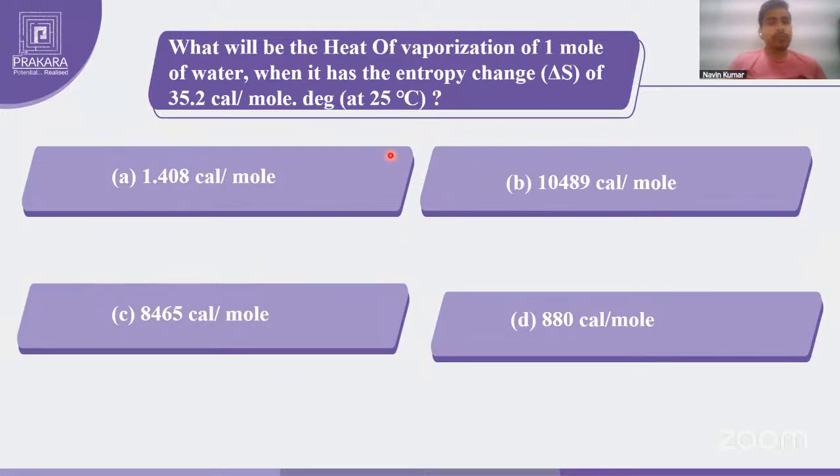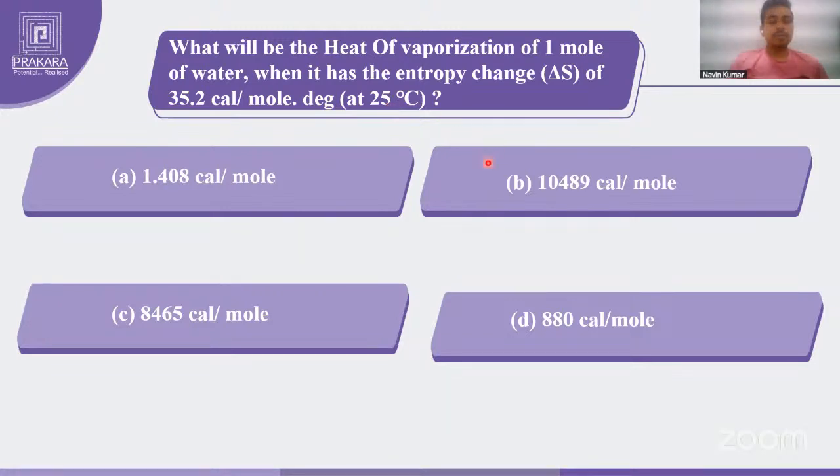So the given question is about the calculation of heat of vaporization. The given data is entropy change and temperature. Before calculating the answer, let's see the formula.